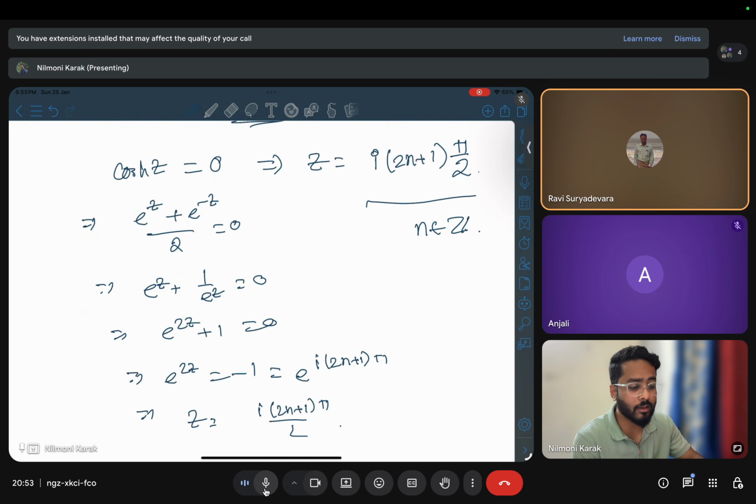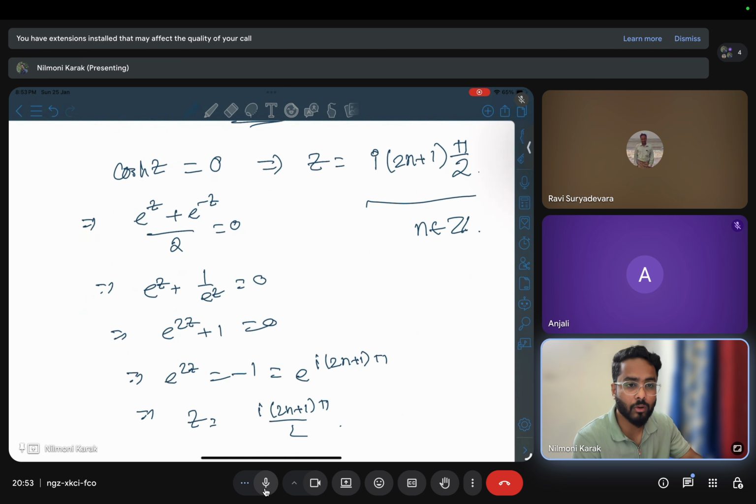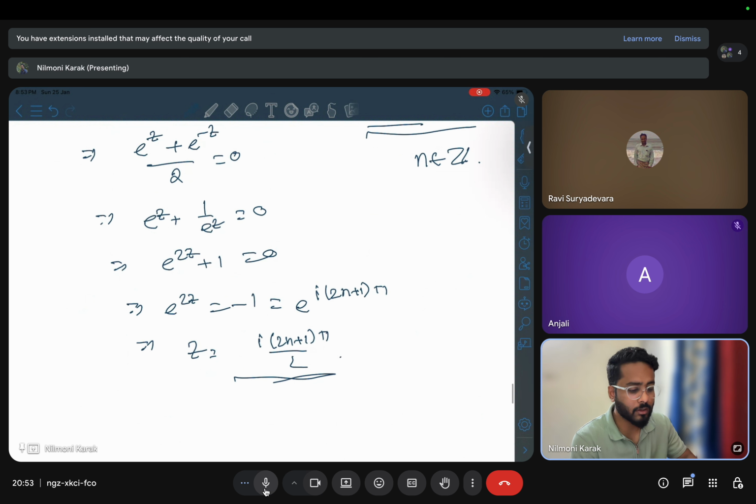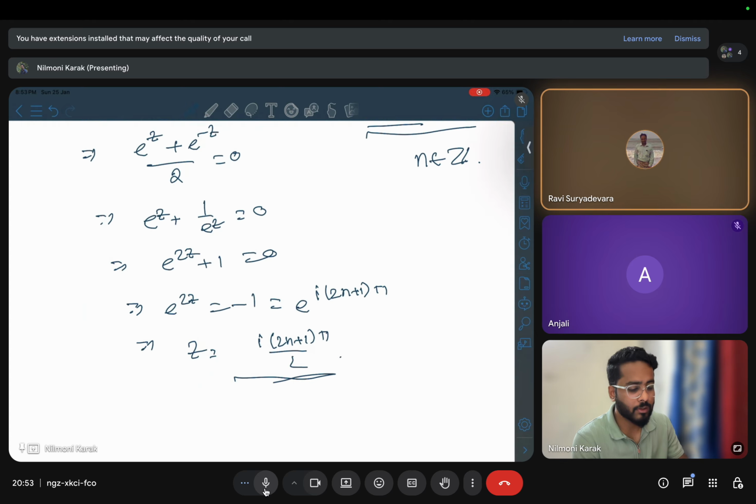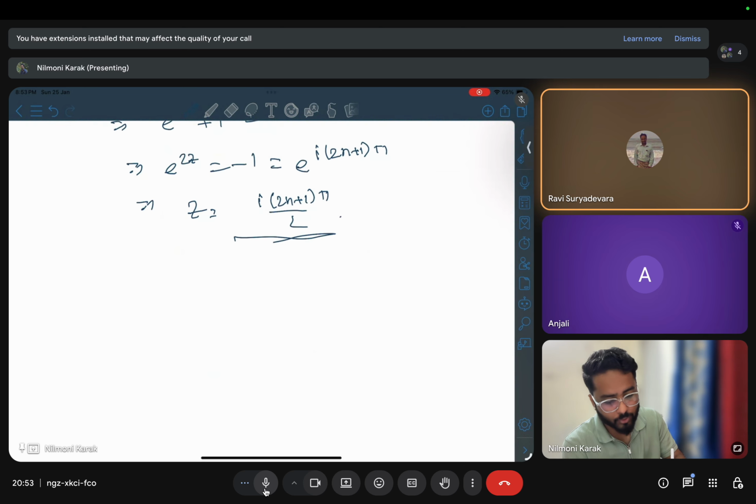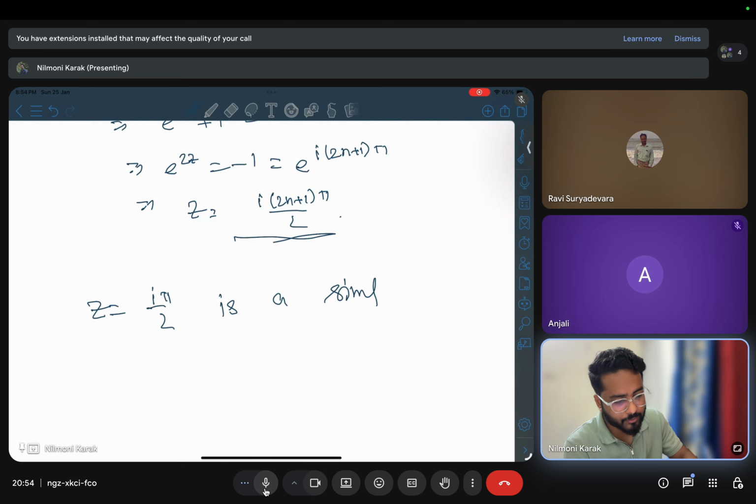And this is also a simple pole, because all are simple, right? This does not appear twice. So I am claiming i pi by 2 is a simple pole.